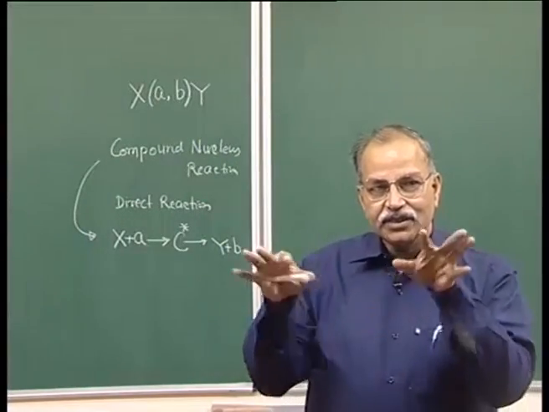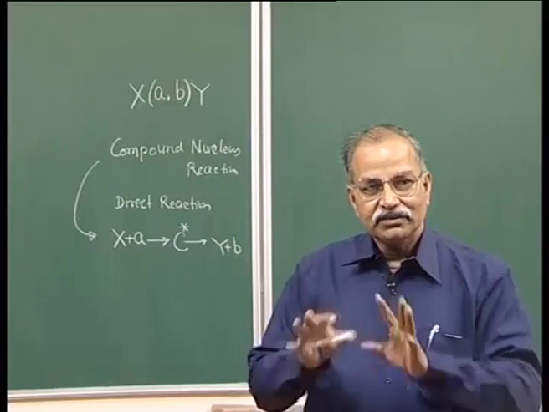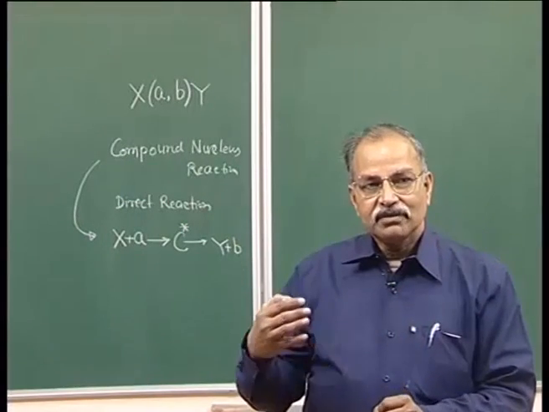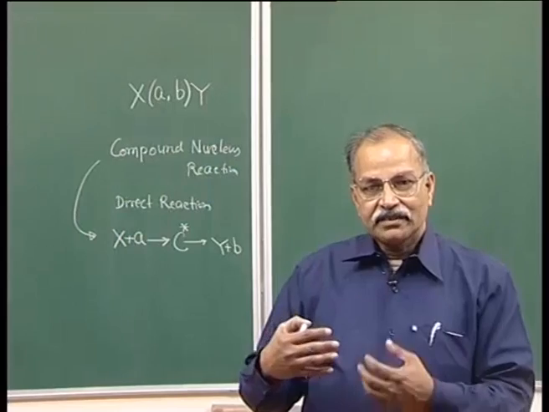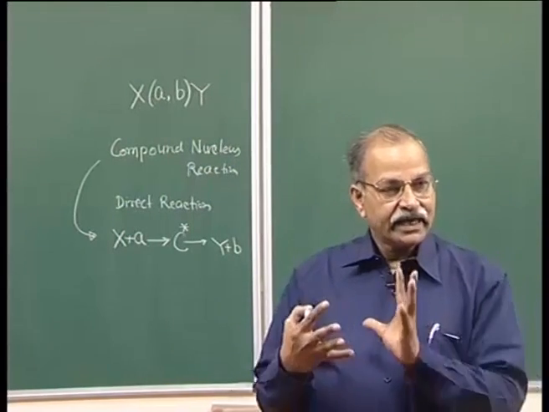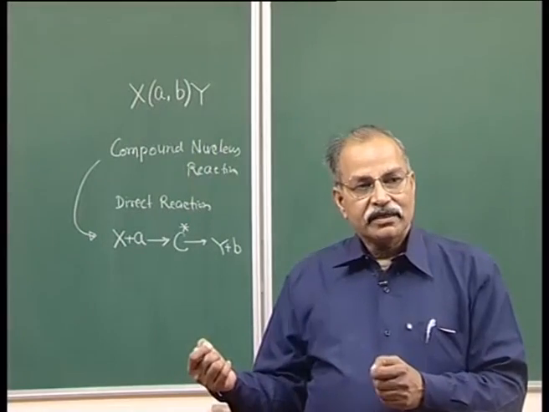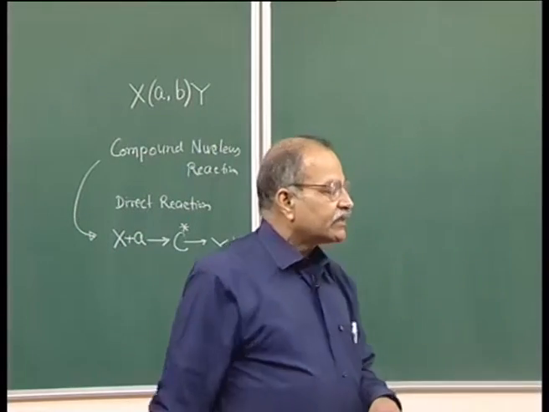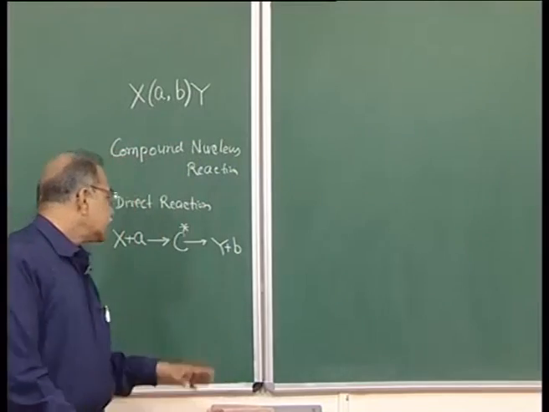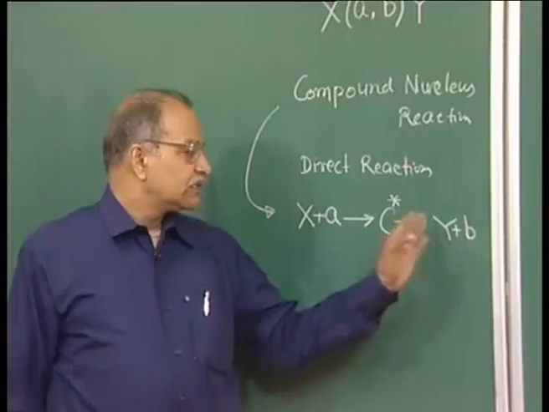So, the energy is finally distributed in the whole nucleus, and this compound nucleus is formed. But this is in a higher energy state, and so it can emit a particle or de-excite and go to its stable state. So, that is this second part.